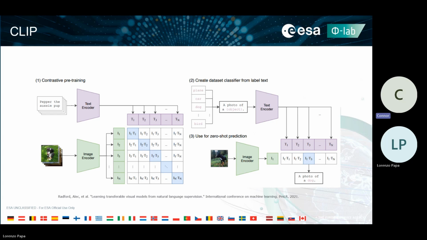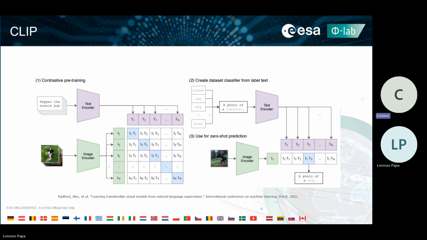Based on this knowledge and then the contrastive loss, the model, without any labels on the image, has to try to connect text and image together and learn the relations between them.